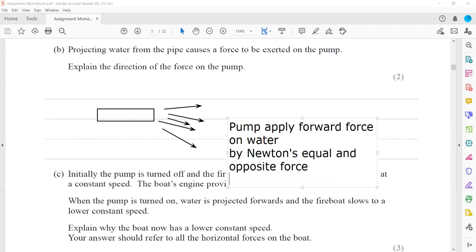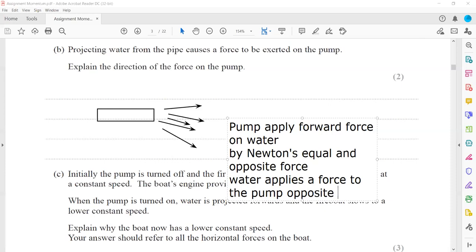So the water applies a force to the pump in the opposite direction, or opposite to the water flow.